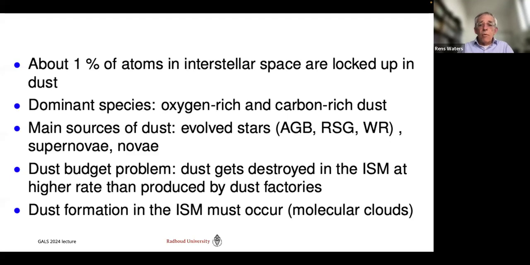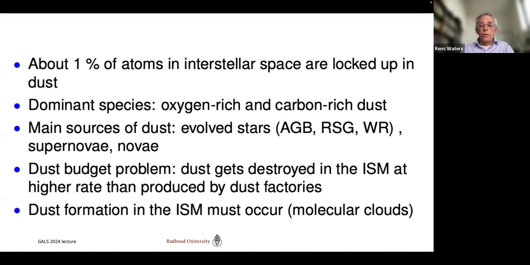If you add up all the dust production sites that we know of in our galaxy, and then you calculate how fast dust gets destroyed in the ISM because of shocks by supernovae and other energetic processes, then you get into a dust budget problem, because there's not enough dust produced by those stars to account for the amount of dust we actually observe in the ISM.